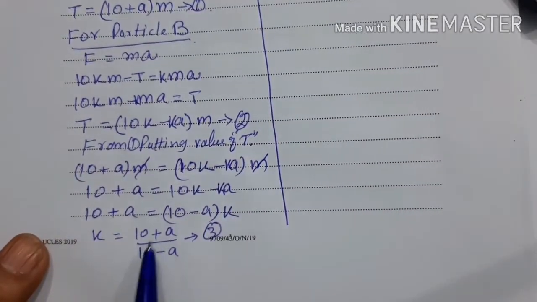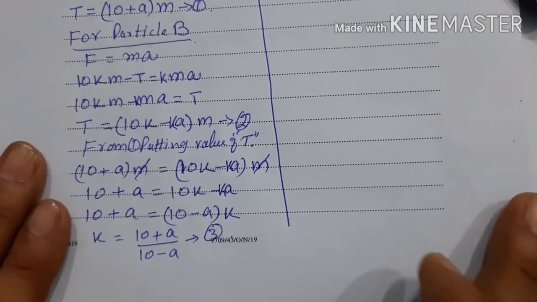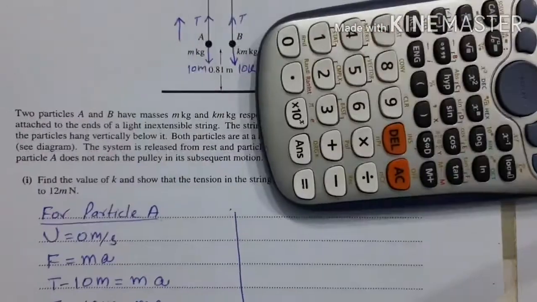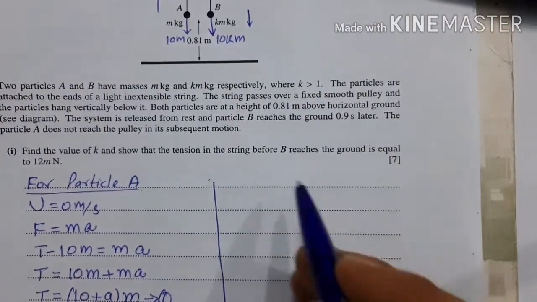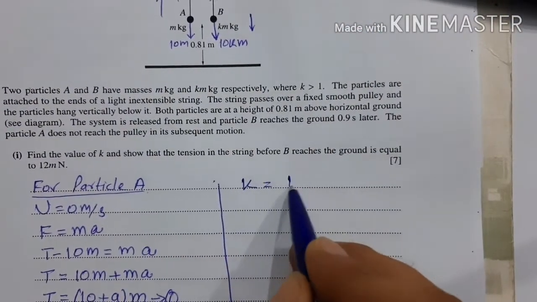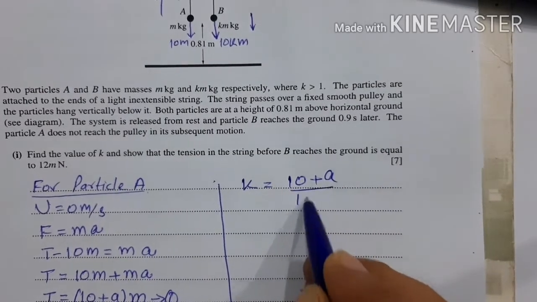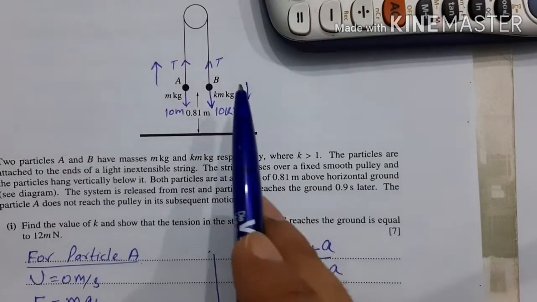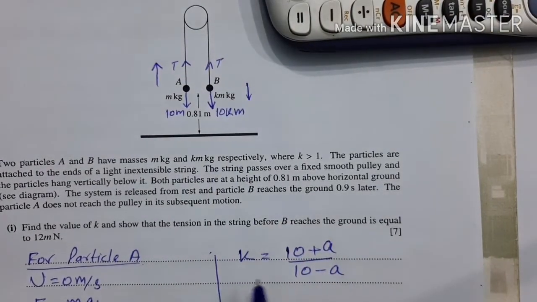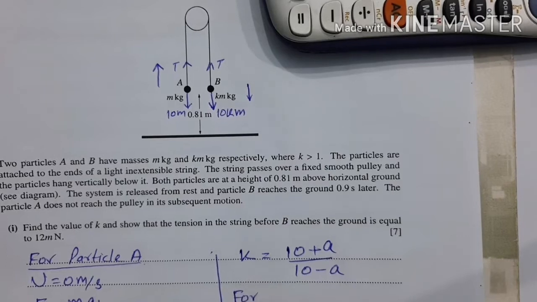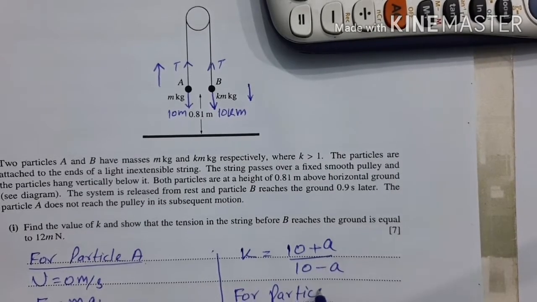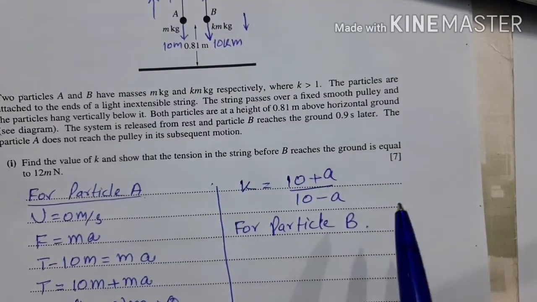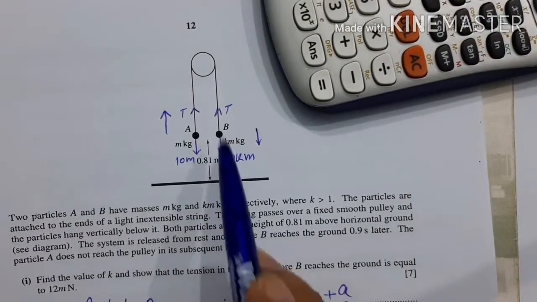I can see that k is (10 plus a) over (10 minus a). I need to find this a. For a, I need to consider the movement of B again. So for particle B, listen, the particle is moving downwards from rest.